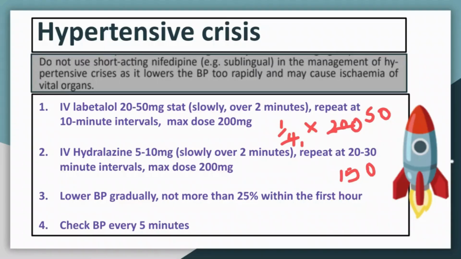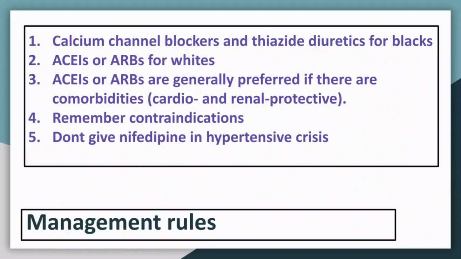All right. So if you get 50, you subtract it from the patient's BP, and the value you get will be the benchmark by which you wouldn't want to go below. All right. And remember that you need to check your patient's BP every 5 minutes to see what exactly is happening.